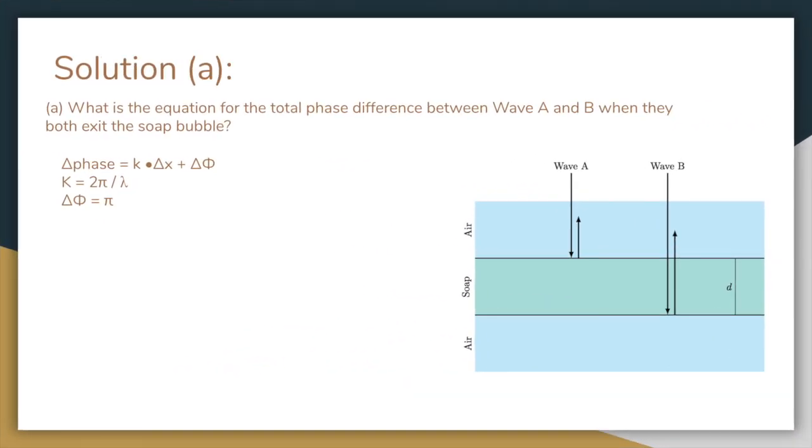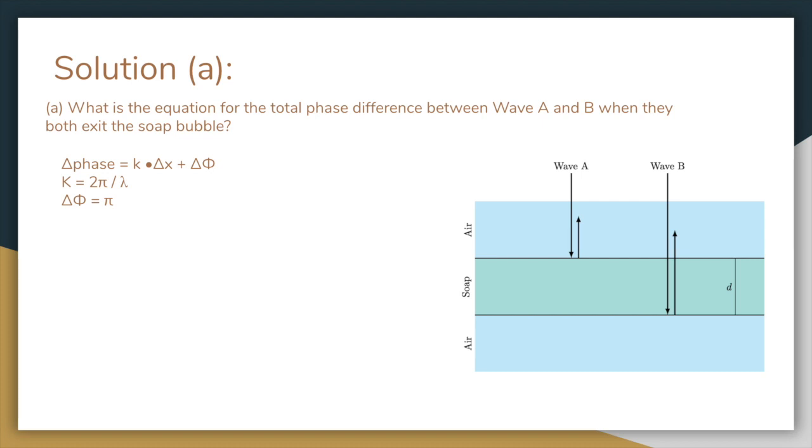What is the equation of the total phase difference between wave A and wave B when they exit the soap bubble? Well, we know that the change in phase is equal to k times delta x plus delta phi. Additionally, k is equal to 2 pi over the wavelength, in this case the wavelength of the light refracting off the soap.